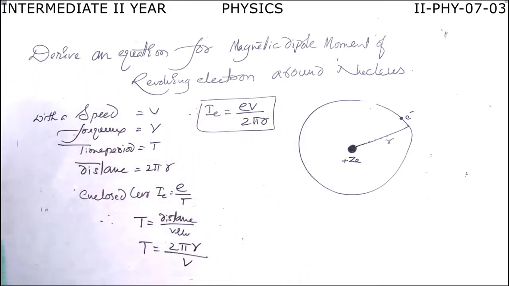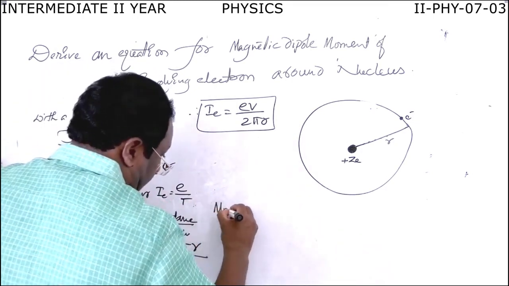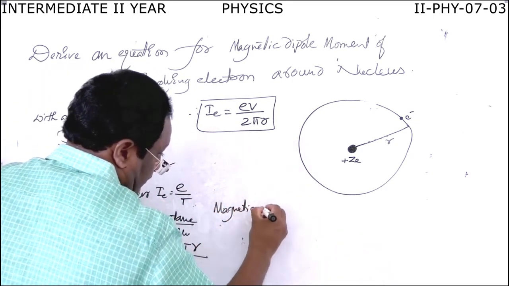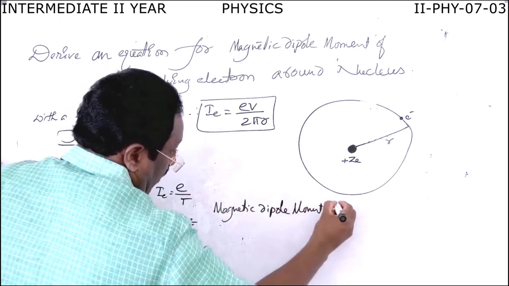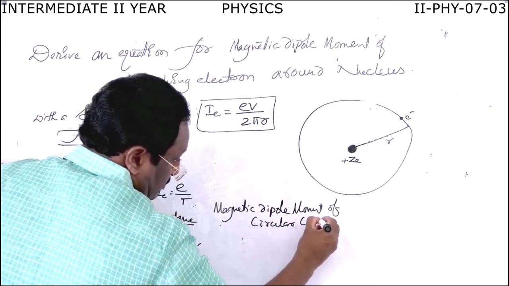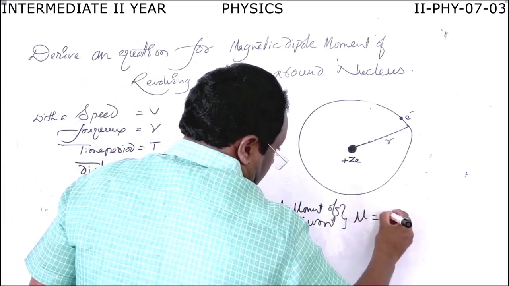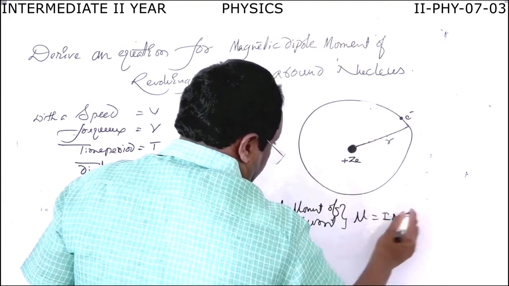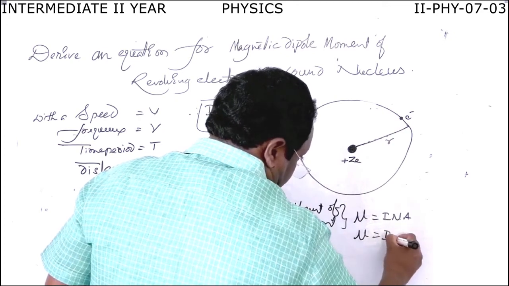But the magnetic dipole moment of a revolving circular current was already derived in the case of a coil. The dipole moment of a circular current is mu equals INA. But here there is only one turn, therefore we can take IA.